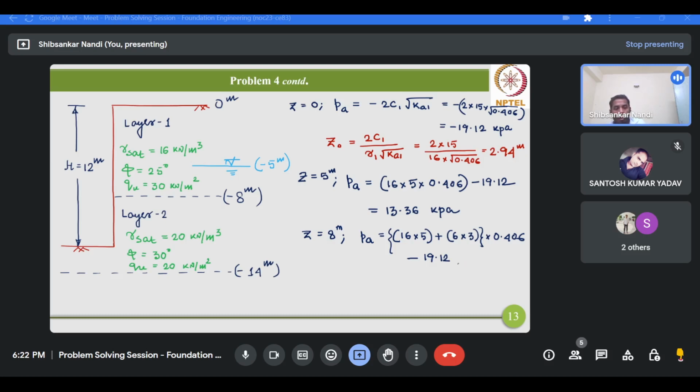But this will not complete the lateral earth pressure at this level. Plus you will have the contribution from the water pressure, 10 multiplied by 3. So that means 50.67. This is for layer 1.